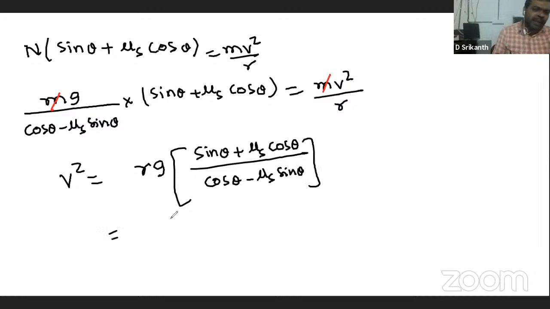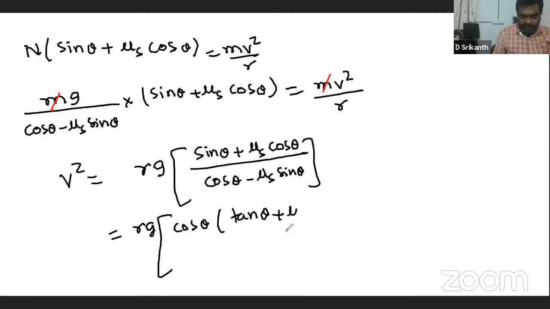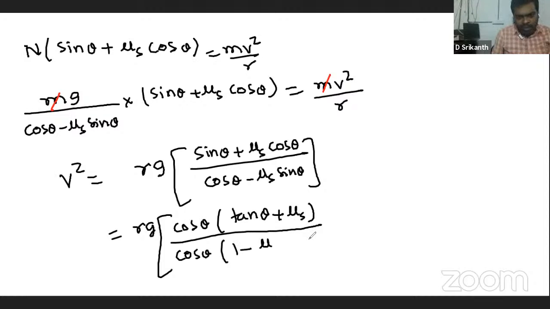In the numerator and denominator, take cos theta common. Cos theta into (tan theta plus mu s), divided by cos theta, take common, (1 minus mu s tan theta).